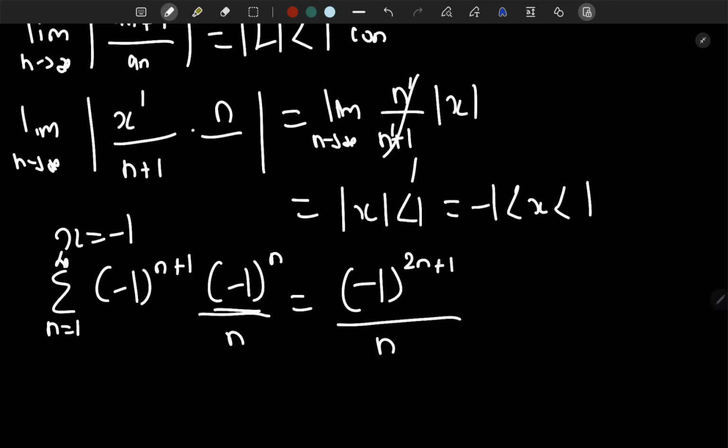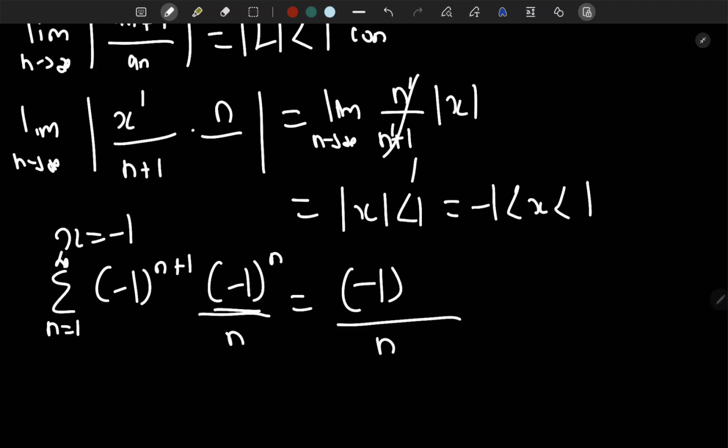We are going to get 2 plus 1, which is 3. And then when we put n as 2, we're going to get 4 plus 1, which is 5. So this is negative 1 to the power of 3, 5, 7, 9. One thing that we notice here is we are never getting even numbers, meaning that this will always stay as a negative value. So here we can just neglect this part, since it doesn't really matter.